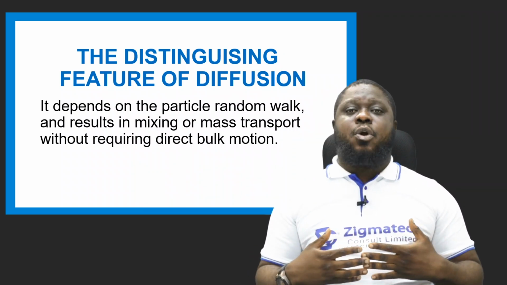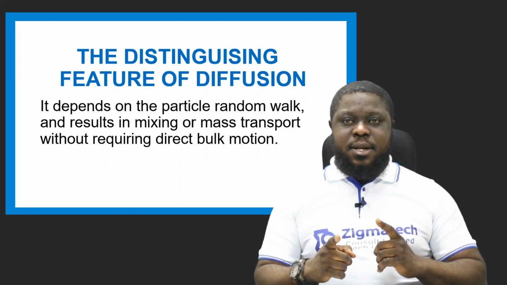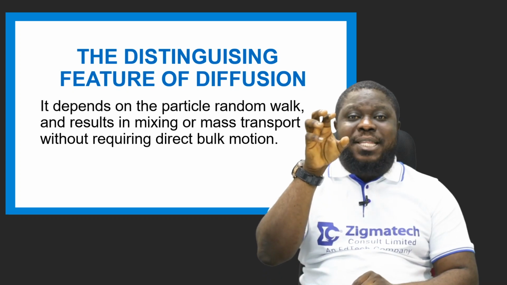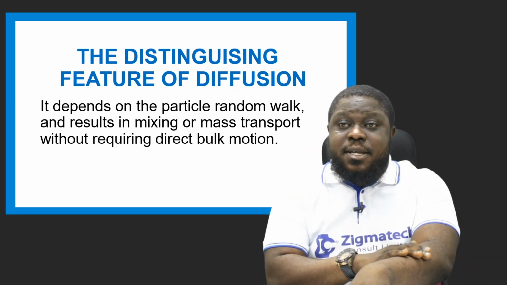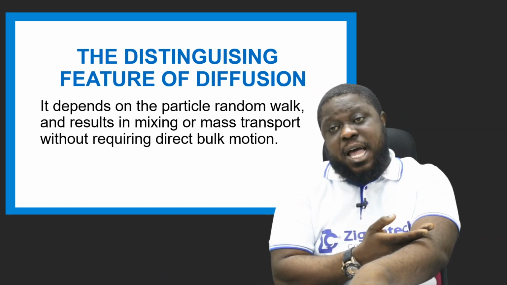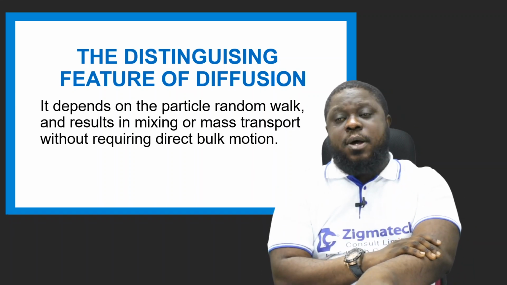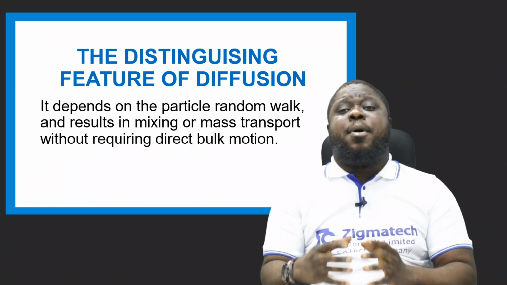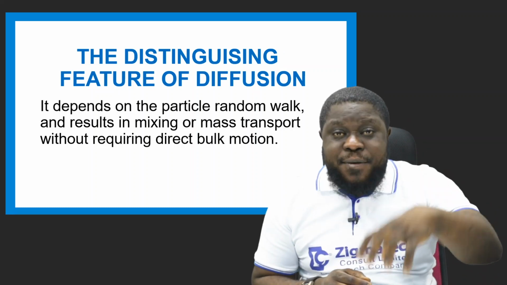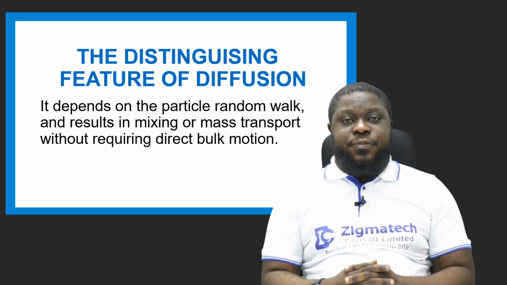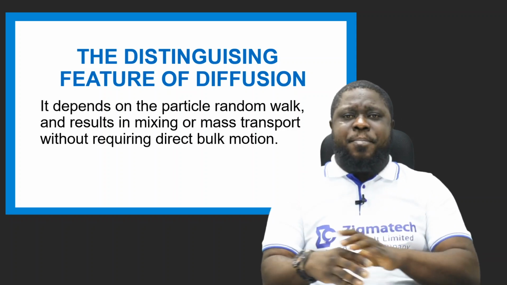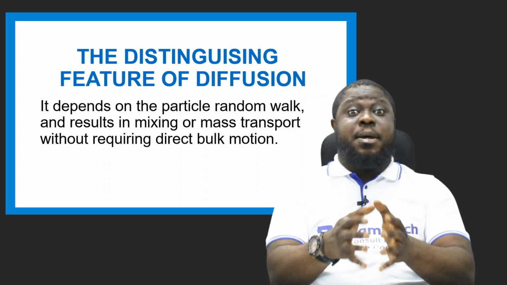It's like when I run: the way I run determines how hot my skin gets. If I run fast, my skin will be hot faster; if I run slow, my skin will be hot slower. So how the molecules move results in the diffusion of the gas molecules from a high concentration to a low concentration. It does not mean that they must come out in bulk.